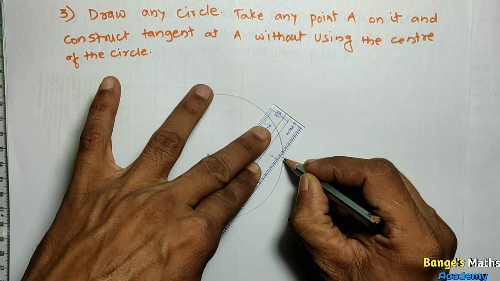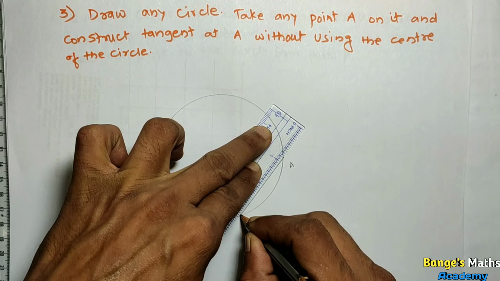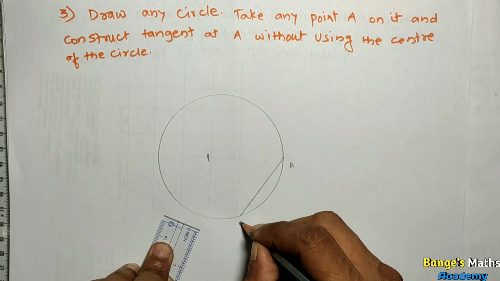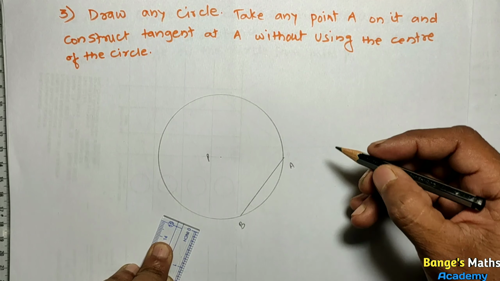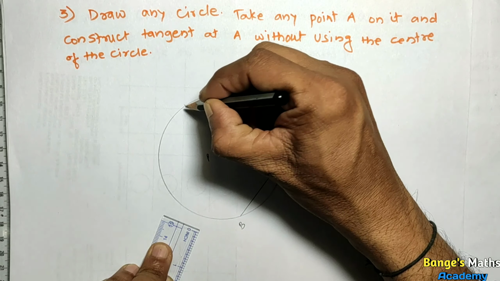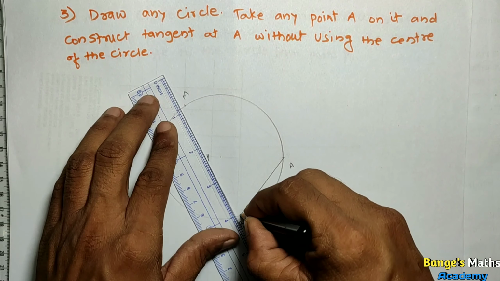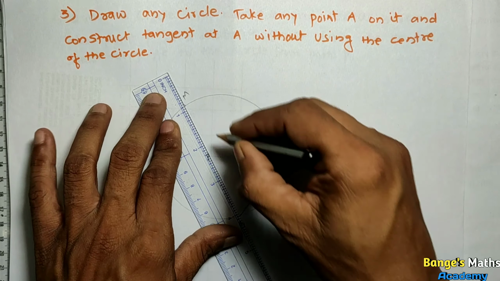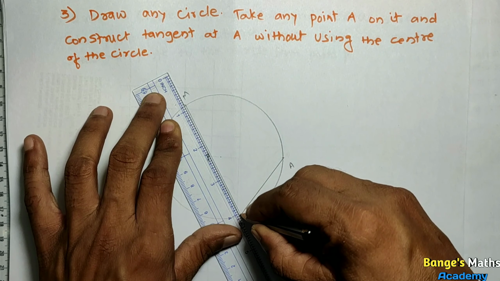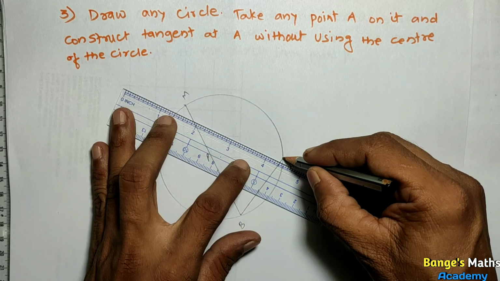So through point A draw a chord AB and take any point on the circle, point M, then join BM and AM.